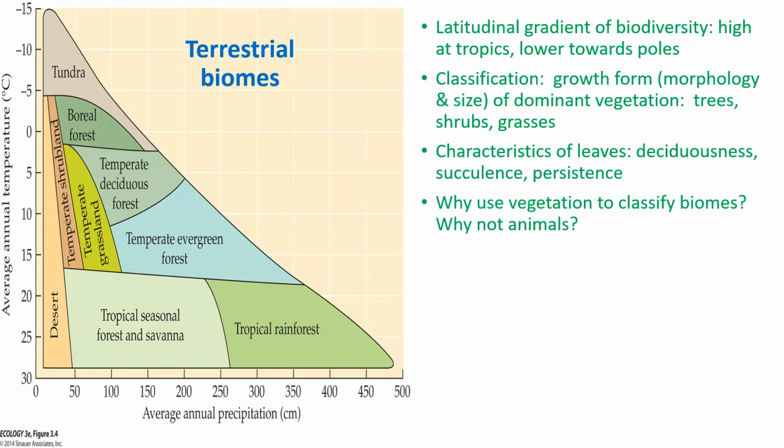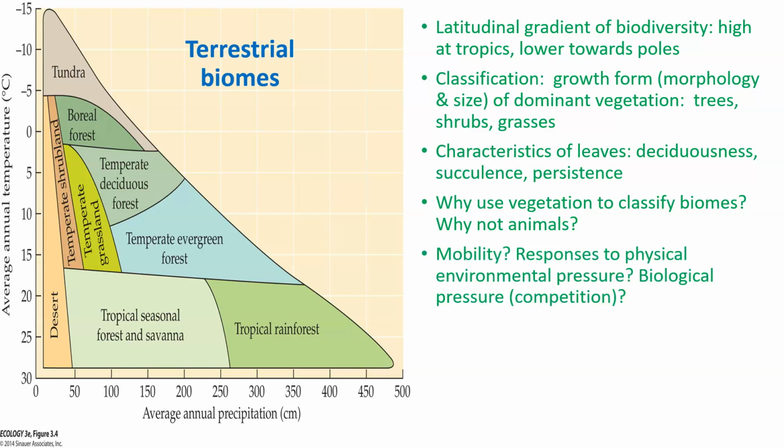So why are we using vegetation to classify biomes? Why can't we use animals? Animals are cute and cuddly. Well, the problem is animals are mobile. They move a lot. They range here and there. So it's hard to define a biome based on animals. I mean, we know that many bird species migrate.